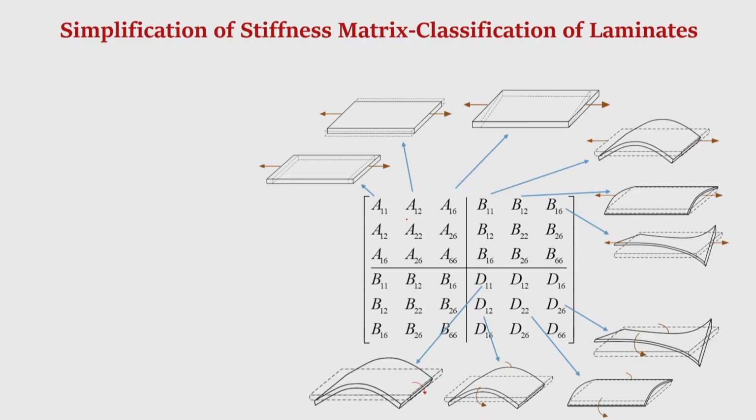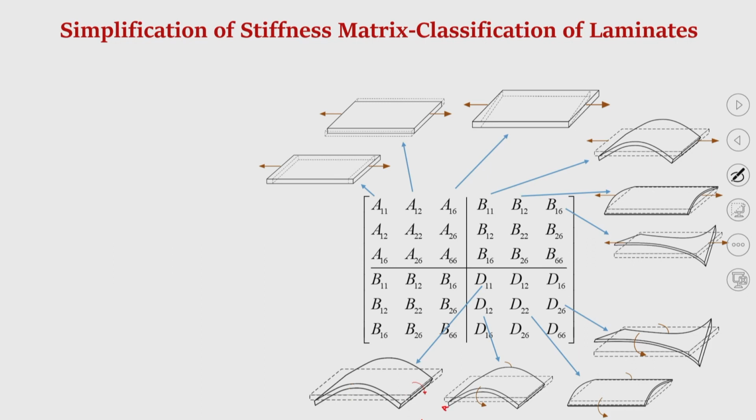When we say geometrical properties, it is the thickness of the lamina, and it is also its location with reference to the mid surface plane, or we may say the stacking sequence, how the lamina are stacked to make the laminate. So, the geometrical properties as well as the mechanical properties of each lamina decide the value of each of these elements, and therefore, by choosing the geometrical and mechanical properties of the constituent lamina, we can decide these terms.